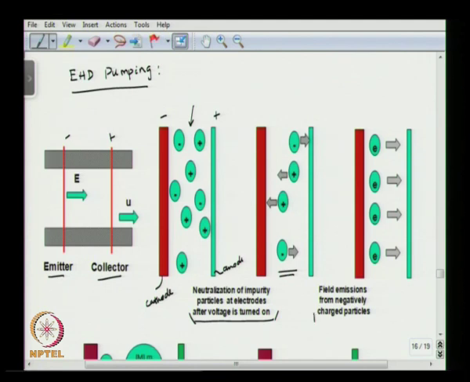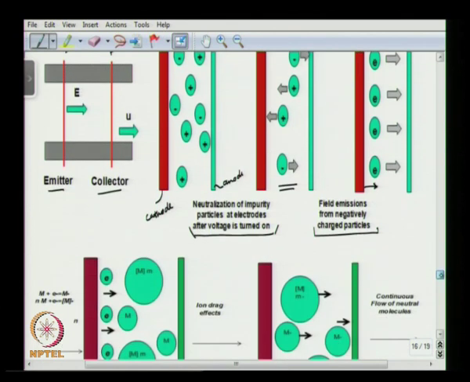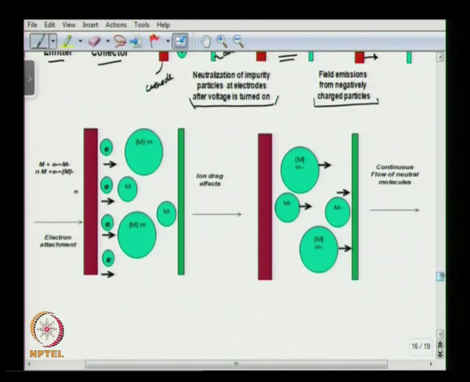Then if the voltage is increased further to a high value, the emitter is going to emit electrons from its surface, and these electrons interact with the molecules of the liquid and make them negatively charged.